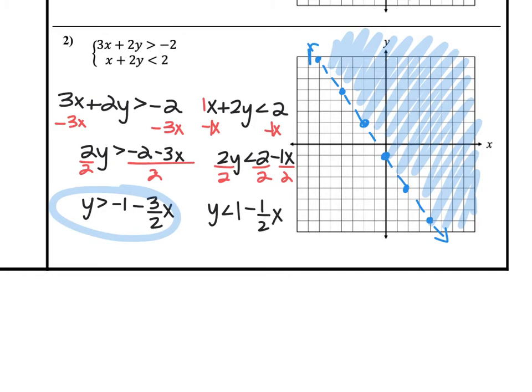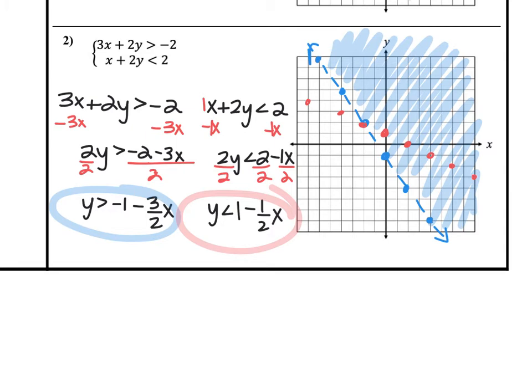So I'll do this equation in red. Starts at 1 and then goes down 1 over 2. It is less than.